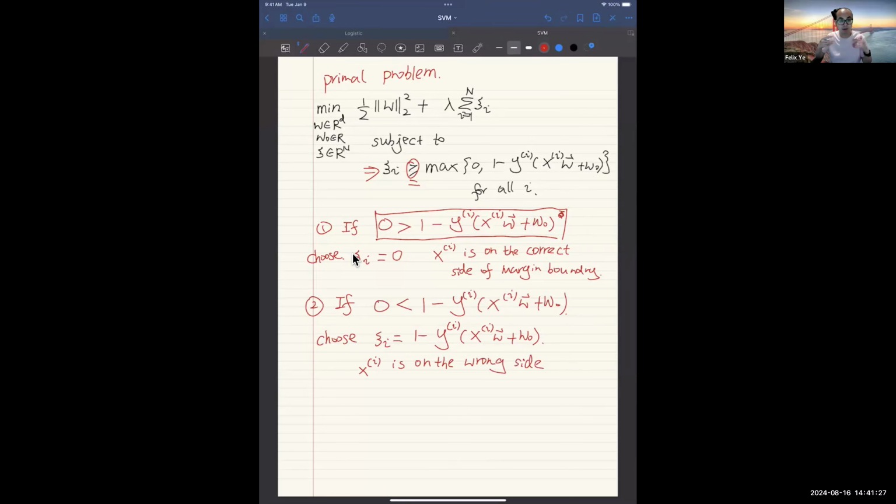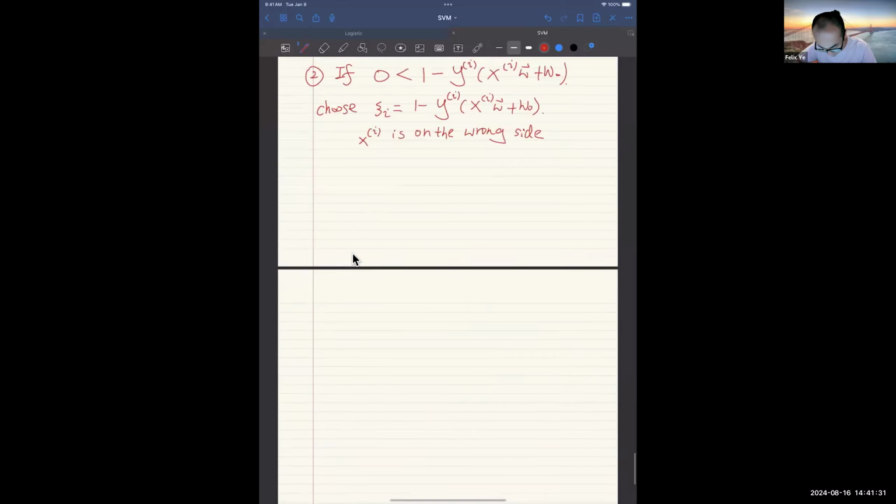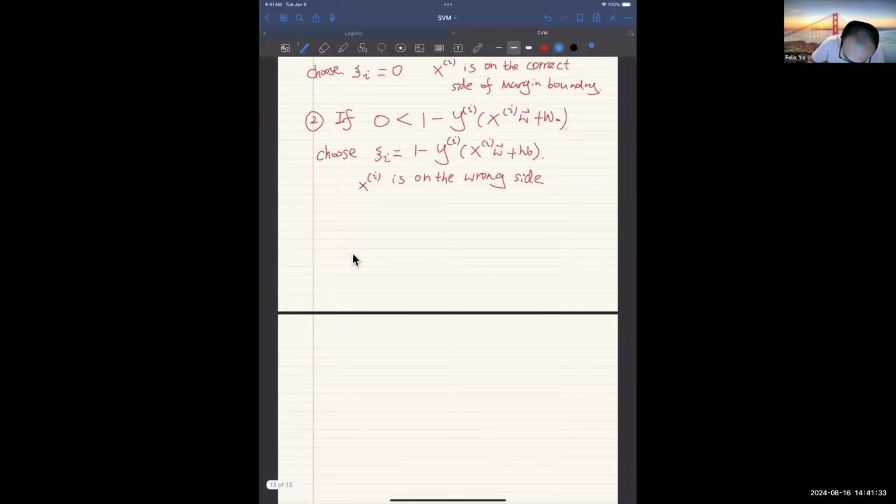Right, so this is a very interesting way of rewriting everything. With this result and rewrite, we observe that I can simply assign c of i as the maximum of 0 and 1 minus y_i times (x_i w plus w0), for all i.